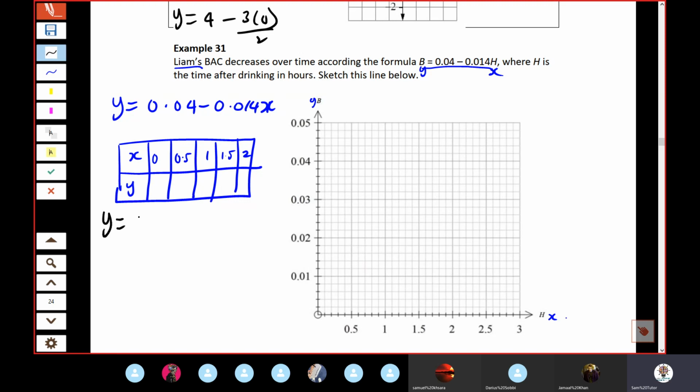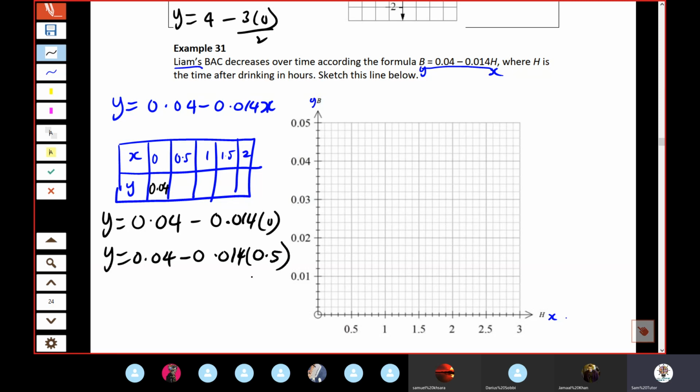So y equals 0.04 take away 0.014 times 0. Right, x is 0. That should give me 0.04. Now I don't have my calculator with me. Can someone help me out with 0.5? Plug it in. 0.04 minus 0.014 times 0.5.